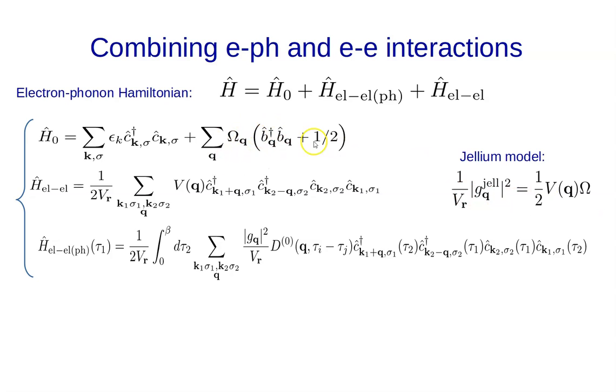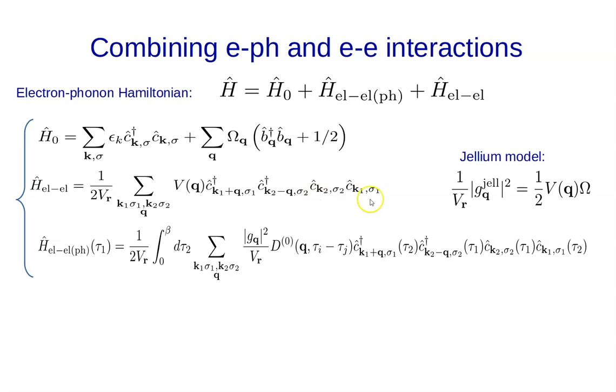Remember that now this is the Jellium model, so this frequency is not depending on Q, but we'll get back to that. But so far this is just a constant, the plasma frequency. And there's the electron-electron interaction, and there's the effective electron-electron interaction mediated by phonons, which I'm already here putting in the interaction picture, since it involves this retarded part here.